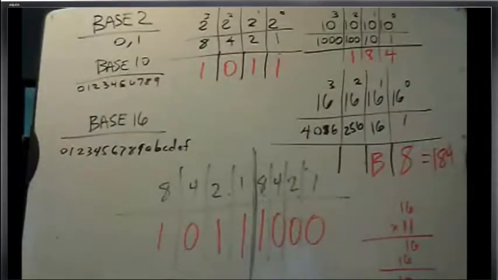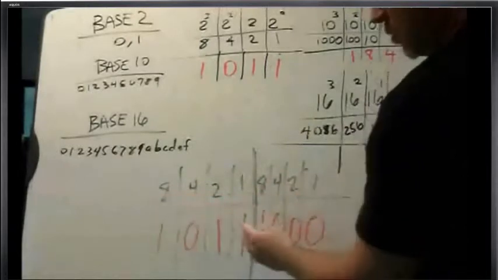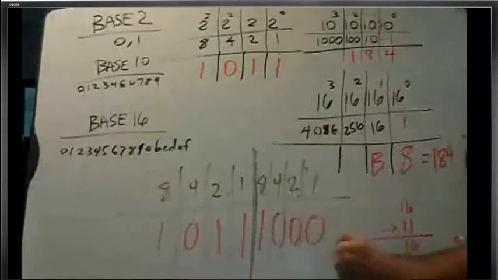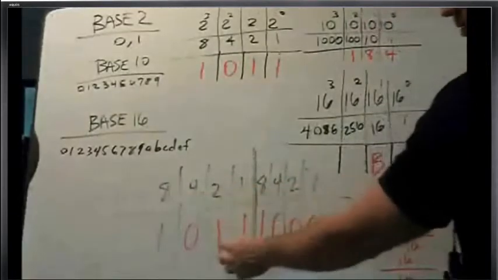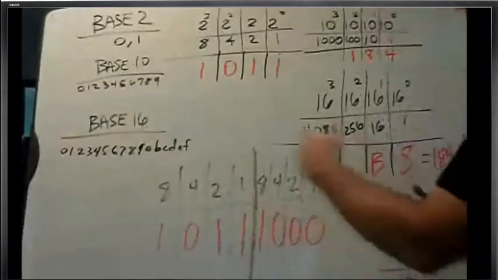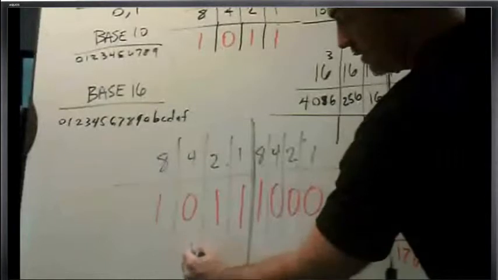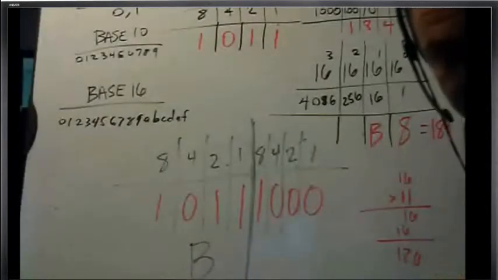And if we do that, we can count each one separately. For these 4 bits, an 8, a 2, and a 1 equals an 11, and an 11 in hexadecimal is a B.